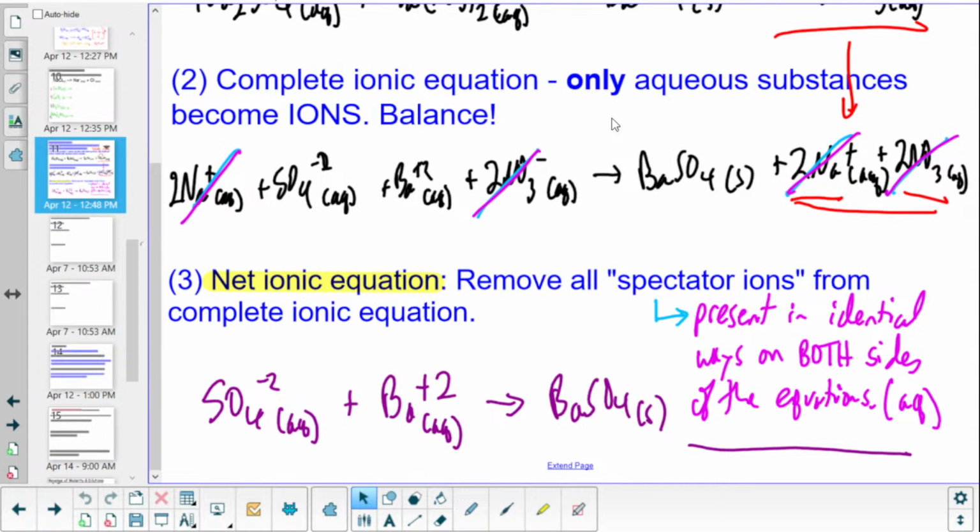Oh, good, you got your solids right. So we need a 2 in front of K. K is positive 1, and with the 2 in front, SO4 is 2 minus. Is it soluble with K? Yeah, it's soluble.